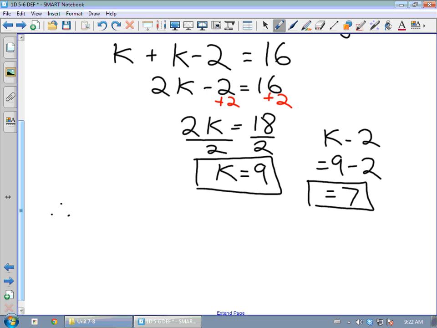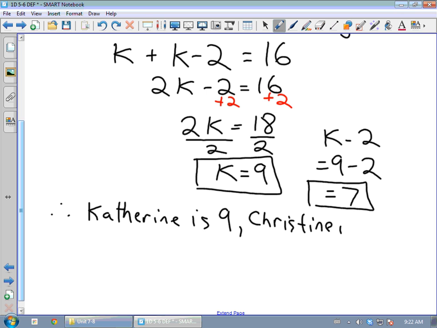Therefore, I can say that Catherine is 9, Christine is 7. If it asks me for 2 ages, I have to give them 2 ages in that final sentence there.